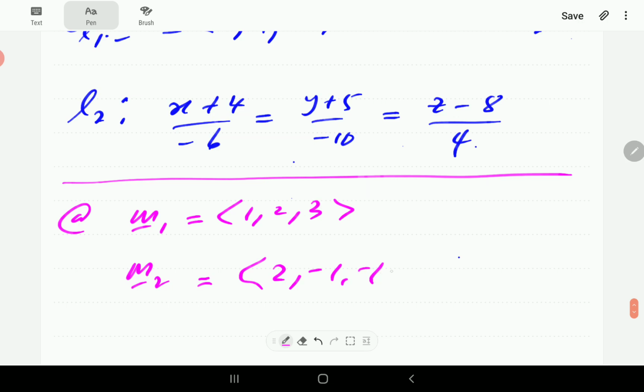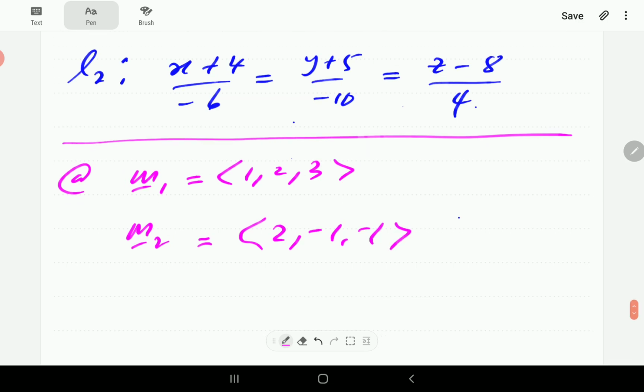Minus 1, minus 1. Okay, if you want to be systematic about this, you can see that the first entry here is 1.